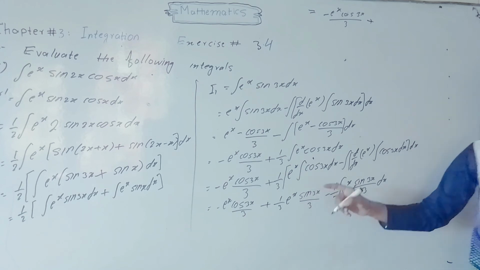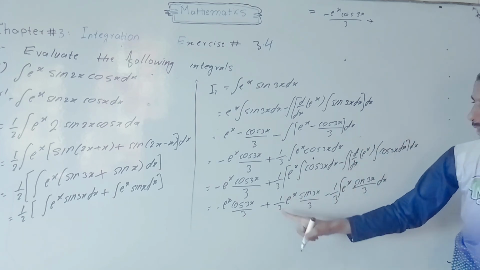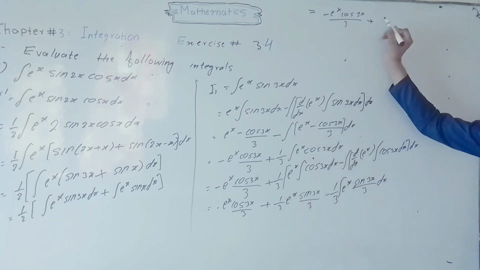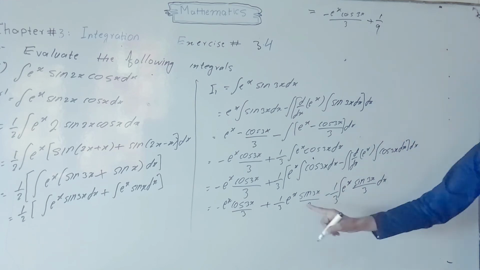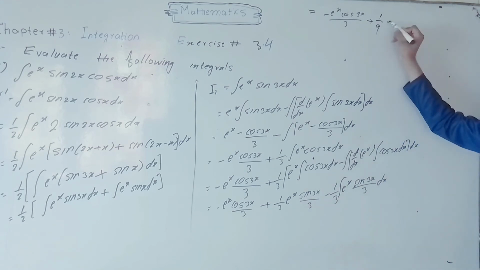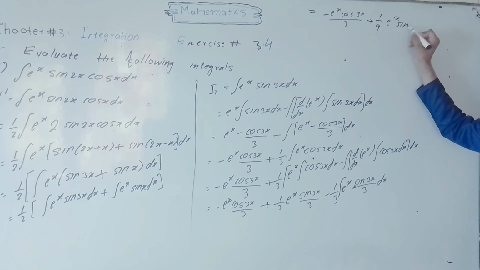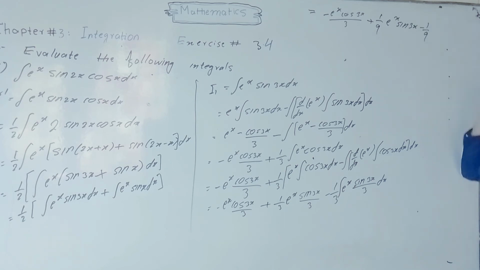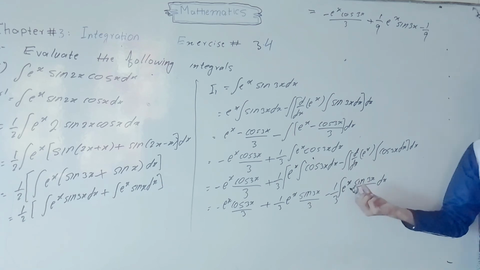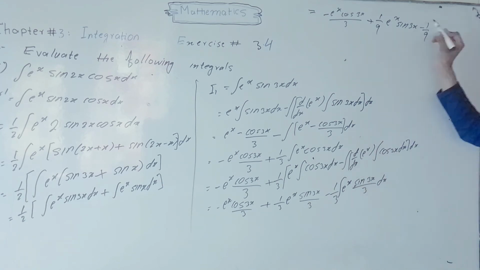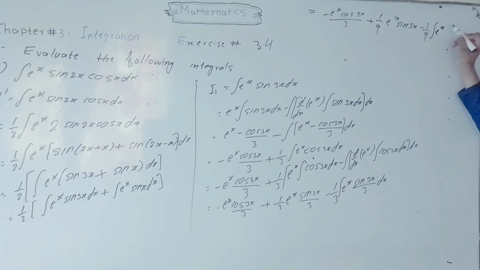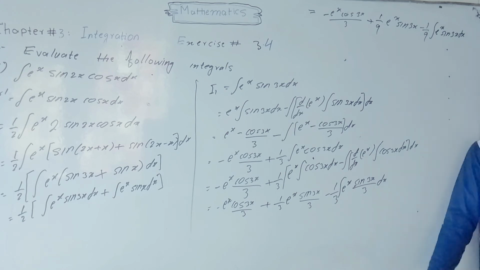e power x sin 3x, 1 divided by 3 multiply 3, 1 divided by 9, e power x sin 3x, minus 1 divided by 9 integration of e power x sin 3x into dx.